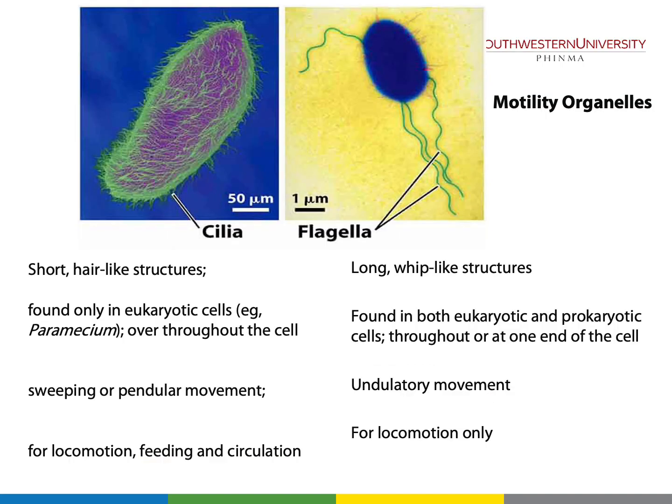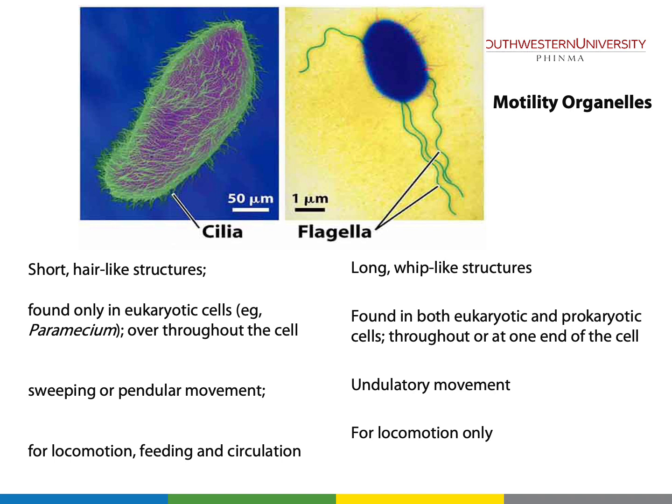For motility organelles, you have two basic structures: the cilia and the flagella. Cilia and flagella are different, but these two may help for locomotion.